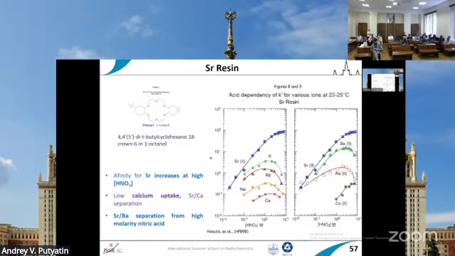A crown ether is used in this resin, and it is important because it allows us to separate strontium very selectively from all the other components, from cesium, and even from barium and radium. You can see that at high concentration of nitric acid, there is a very high separation factor between strontium and barium. So it is very selective, and strontium is one of the difficult-to-determine radionuclides.